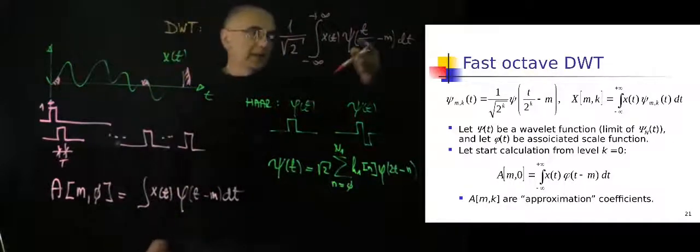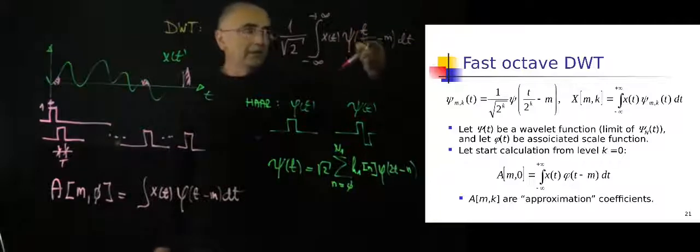So what we have is the wavelet function calculated at the place t over 2 minus m.